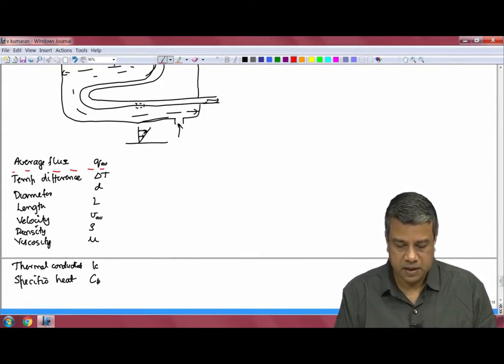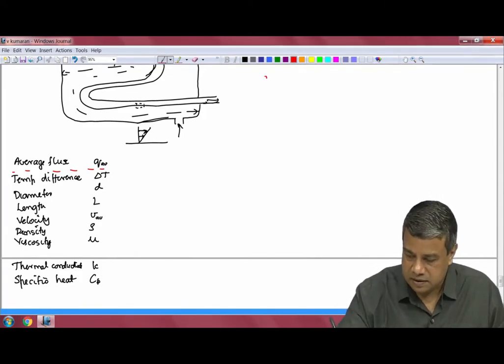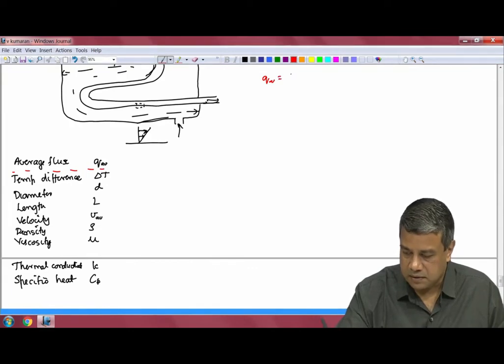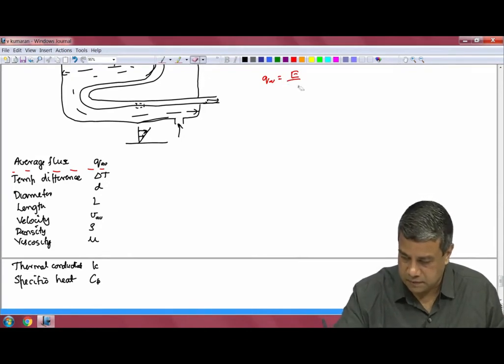So, one can write down the dimensions of each of these. The heat flux is the energy transported per unit area per unit time.